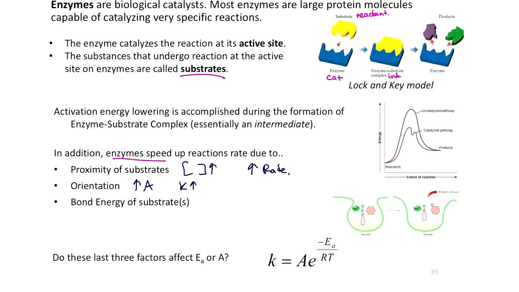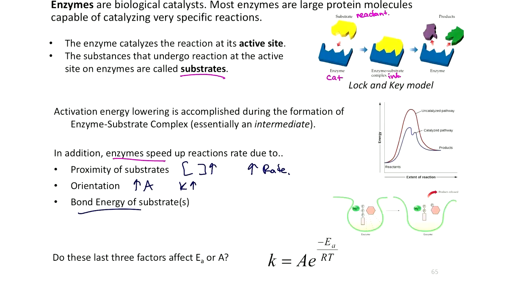And so then the last idea here is enzymes in the active site. Once you have a substrate inside there, because of the high intermolecular forces inside that pocket, it basically pre-weakens the bonds in the substrates. So the reaction can occur faster.